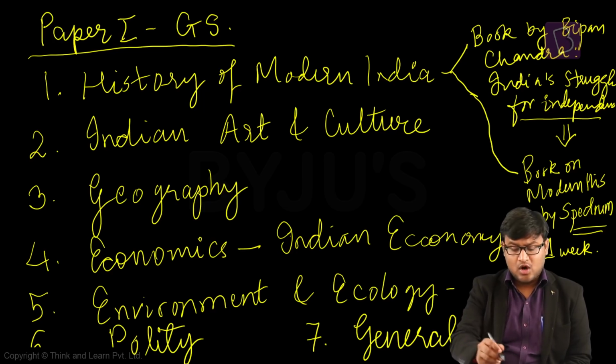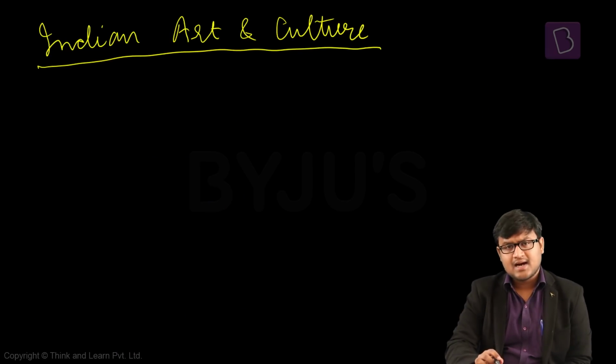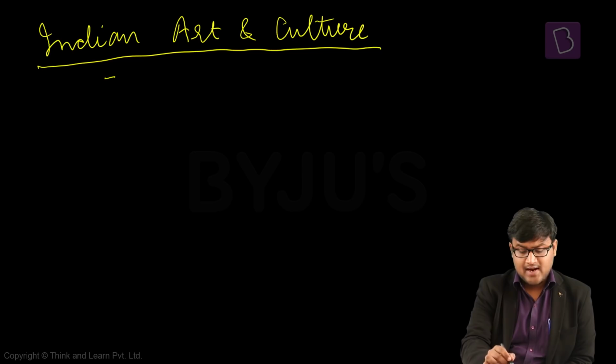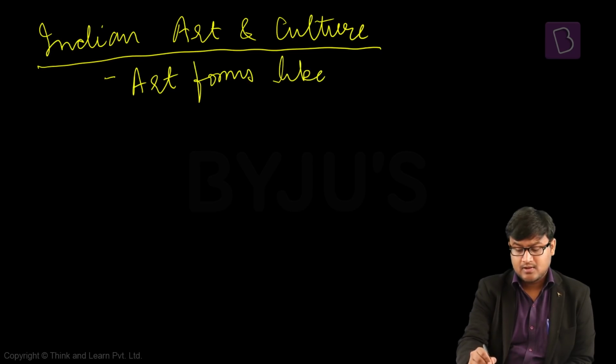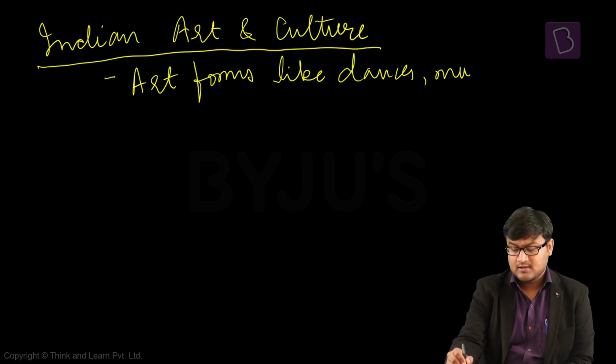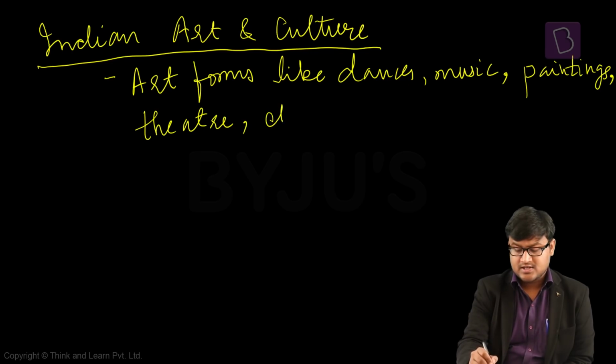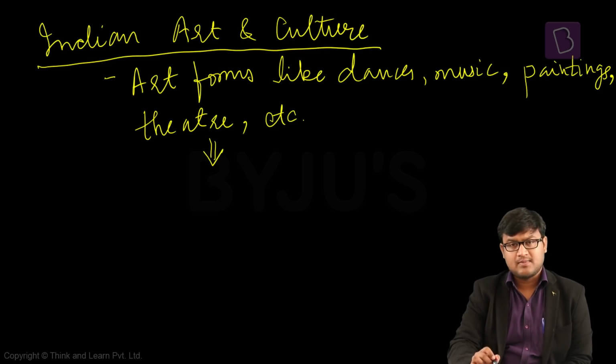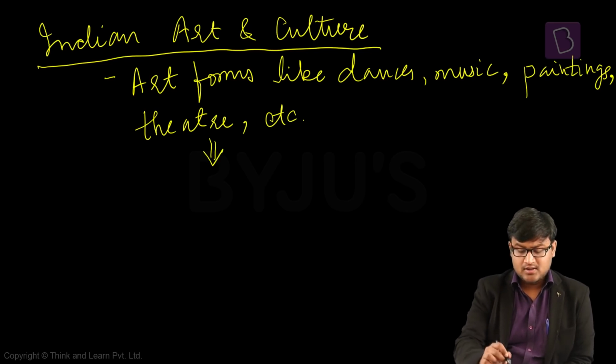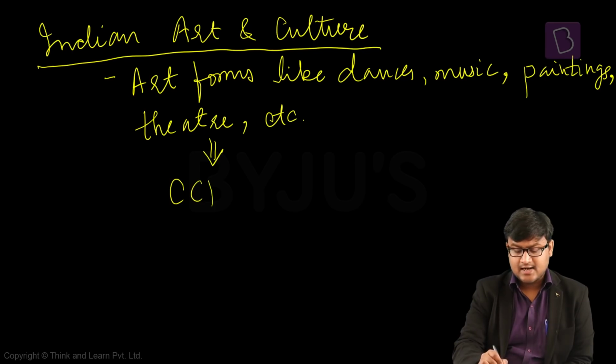The second topic in paper 1 is Indian Art and Culture. Indian Art and Culture is one topic where you will find the maximum diversity. In this, you will find questions related to art forms like dances, music, paintings, theatre, etc. For all of these, there are many sources available, but I had followed the source called CCRT.